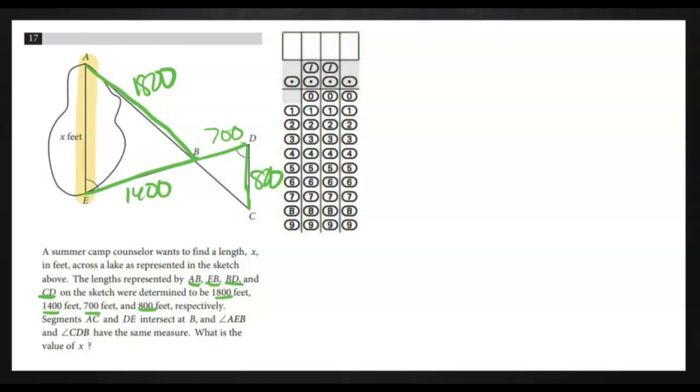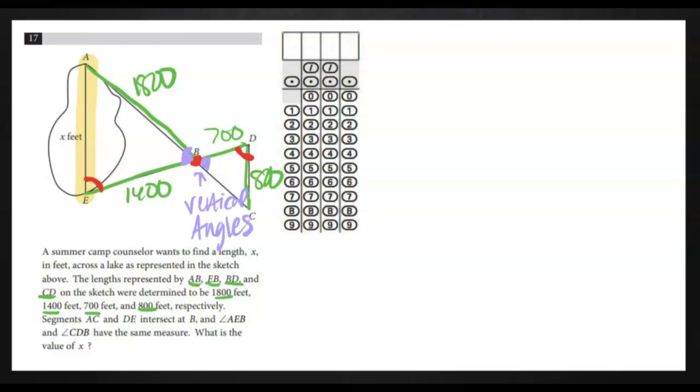Okay, so we are also told that our segments intersect at B here. We are told that two of our angles have the same measurement here. So when we see that our two segments intersect at B, these angles, make them purple, these angles are actually going to be vertical angles. Now, what you should see is that you actually have congruent triangles.